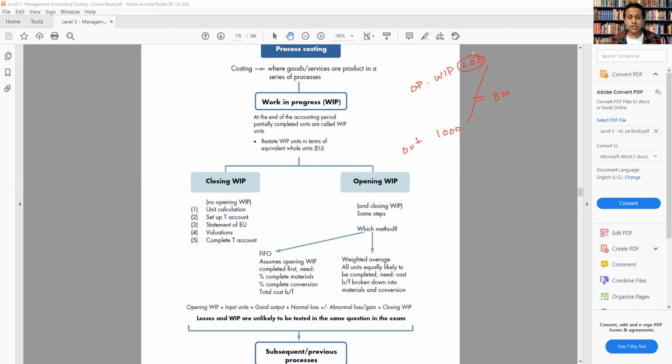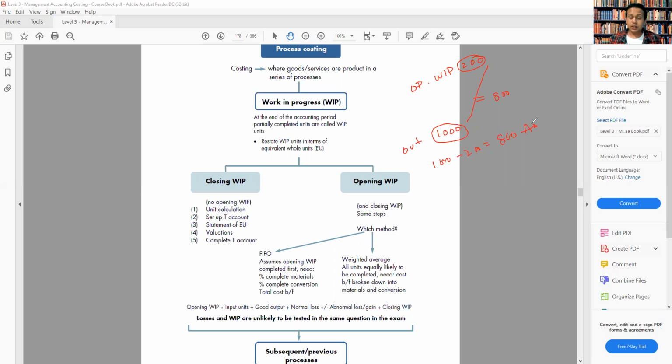So whatever the opening is, we have to subtract it. 1000 minus 200, so 800 is the actual production. I hope you understand that.